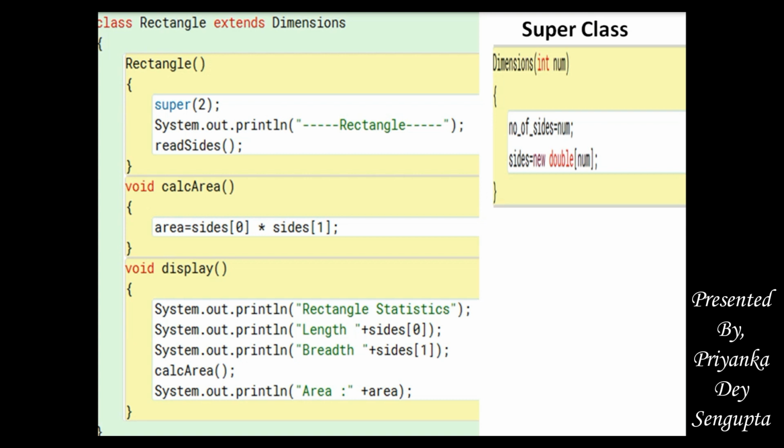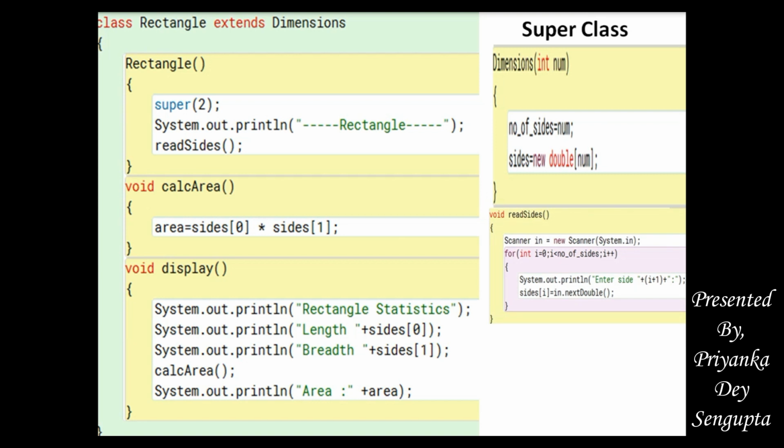So we have 2 for the length and the breadth. We will input only 2 values for the sides. So next, printing rectangle and then calling the read side function of the superclass. When it calls the read side function, see on the right hand side, it will input two values of sides, because the loop will run from 0 to 1 and it will input side 0 and side 1.